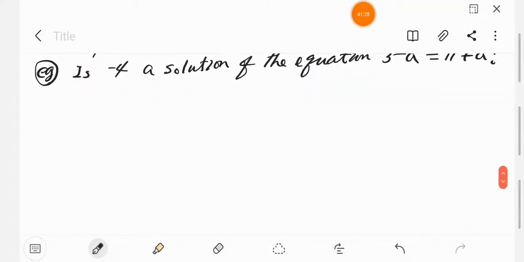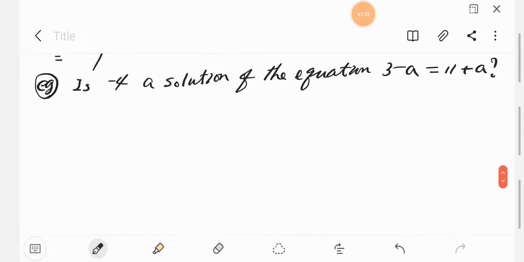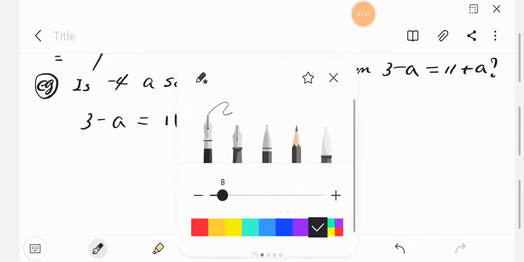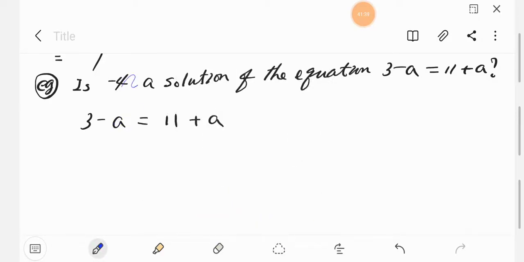Okay, is -4 a solution of the equation? We have the equation 3 minus a equals 11 plus a. To check whether -4 is a solution, let's check whether the left side of the equation and the right side of the equation are the same. So let's replace a with the value -4.